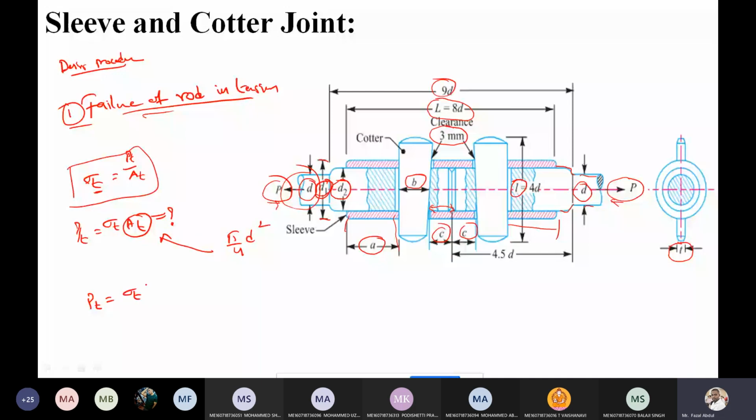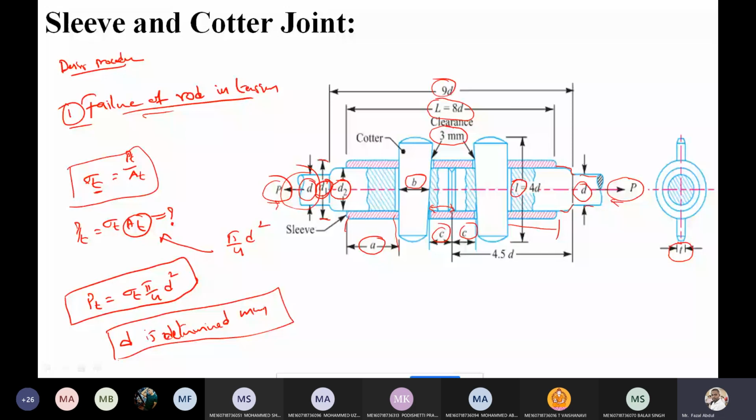Now this is the equation. With this equation, d is determined in mm. If it is a numerical problem, you have to write the d value in terms of mm.